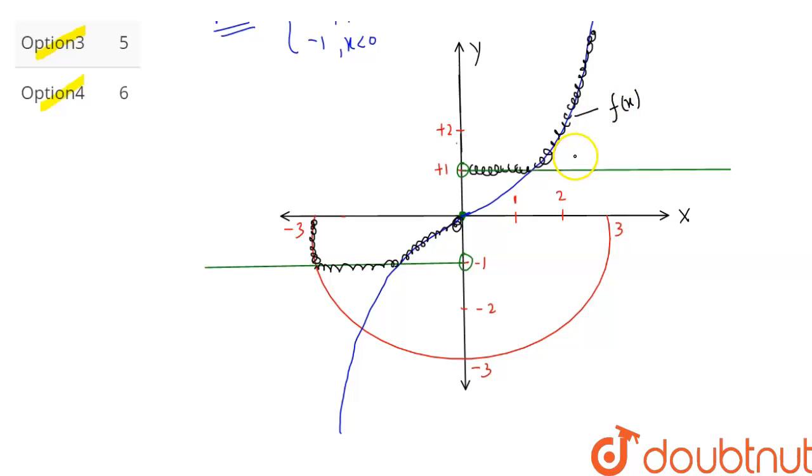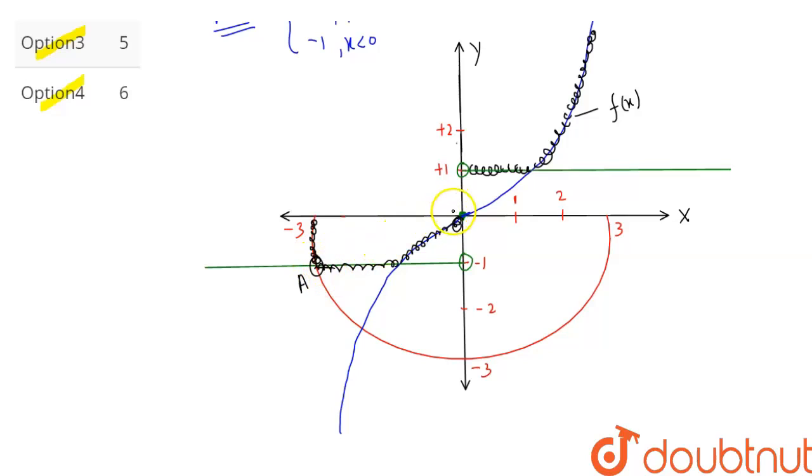Now let us determine all those points where the function f of x is continuous but it is not differentiable. If we look at this point A, we have a sharp edge. We know that at this sharp edge the tangent will not be defined, and hence f of x will not be differentiable.